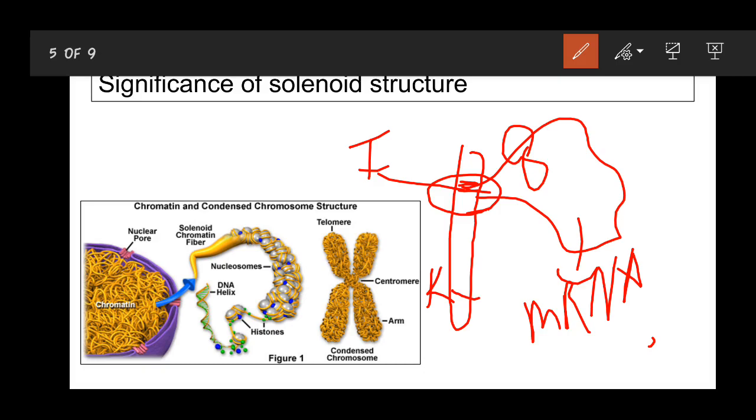That is why, even though these two cells, in our example the hair follicular cells and the pancreatic cells, have both the genes, pancreatic cells produce insulin and the hair follicular cells produce keratin.